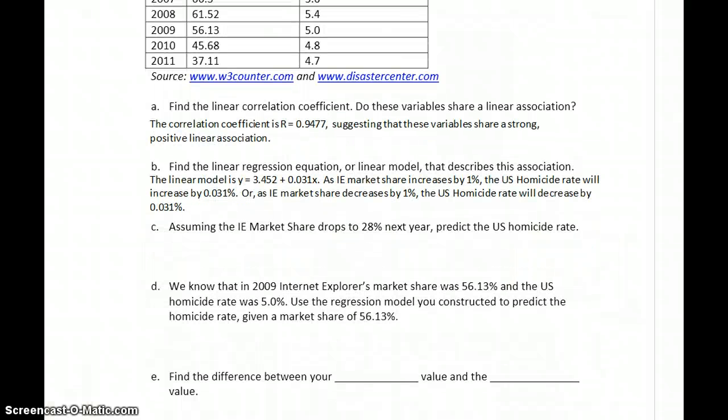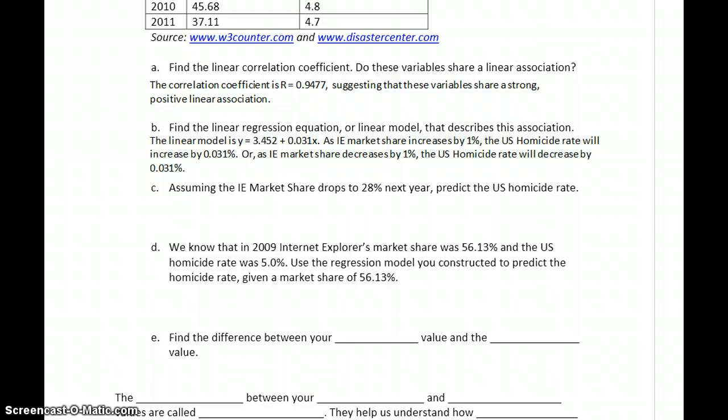So we know there's an association. We have a model. We can start predicting some unknown values. Let's say in a coming year, Internet Explorer's market share will drop to 28%, and we want to use that to predict what the US homicide rate should be. We refer to our model, y equals 3.452 plus 0.031, and in place of x, we plug in this value of 28.